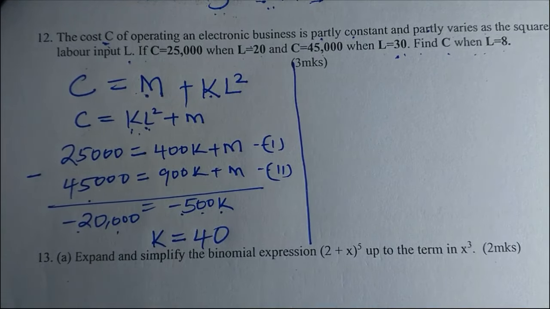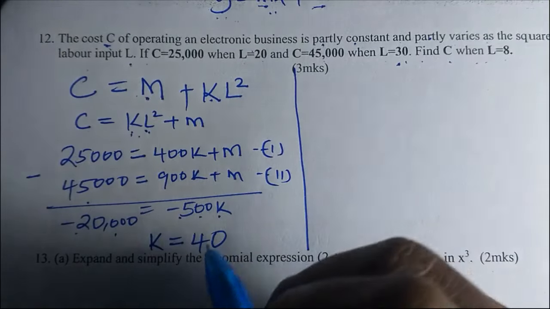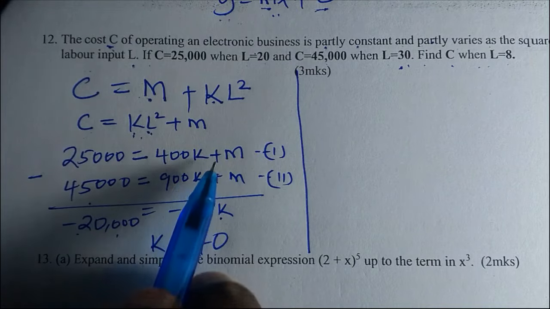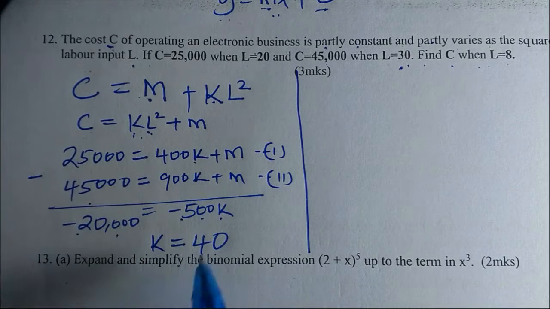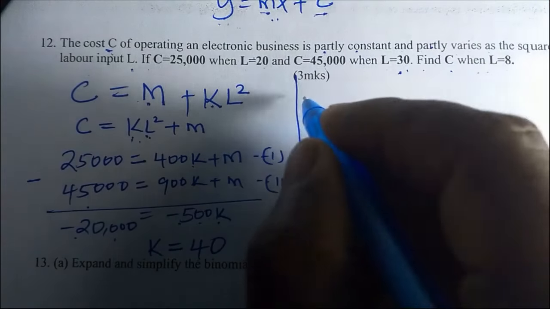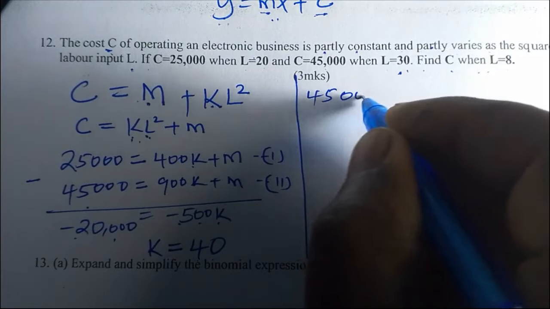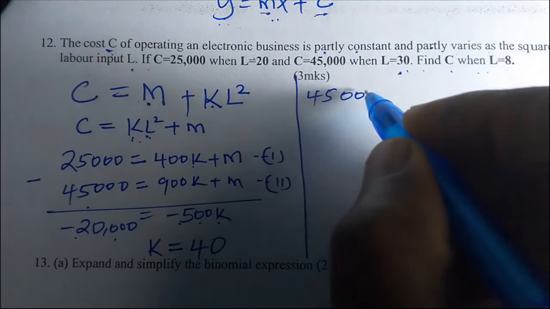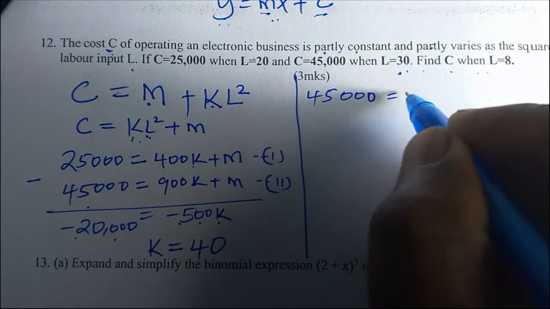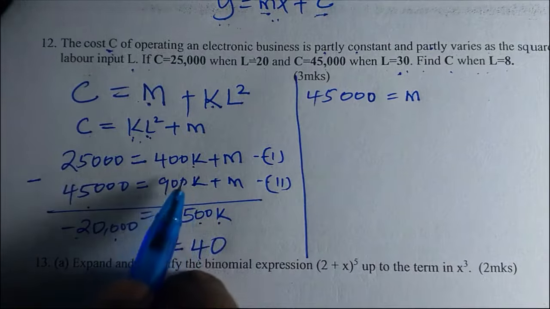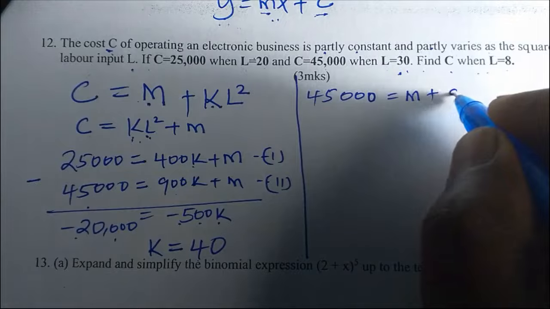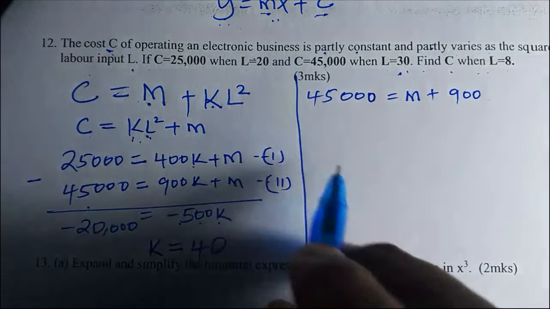Now, since I have the K, I need this constant M. I will substitute this K here, in one of these, and get the value of M. So I will say 45,000. I'm using this one. 45,000 equal to M plus 900K, but K is 40.